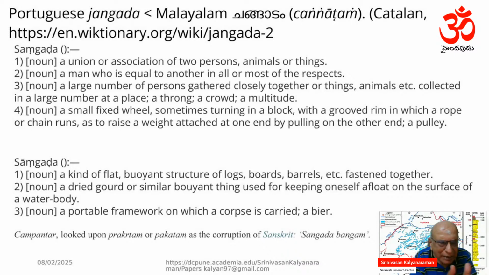It can be some kind of a guild, Shreni. It can also be a small fixed wheel turning in a block. So like this, multiple meanings come out for the same word. So we have to see what meaning can be meaningfully applied to a particular visual representation of a symbol. That's why I have listed all the meanings from all the languages. Next, please.